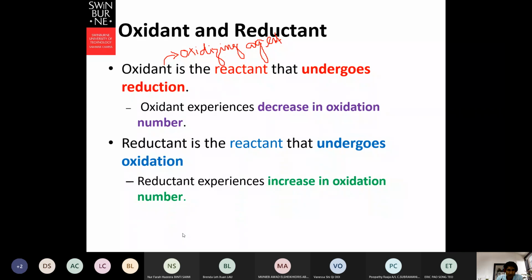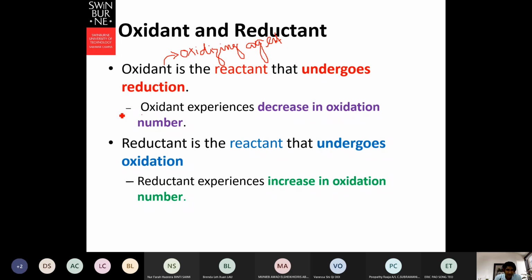All right. So the oxidizing agent will reduce someone. The oxidizing agent will cause someone to be reduced. So now, oxidant experiences a decrease in oxidation number.